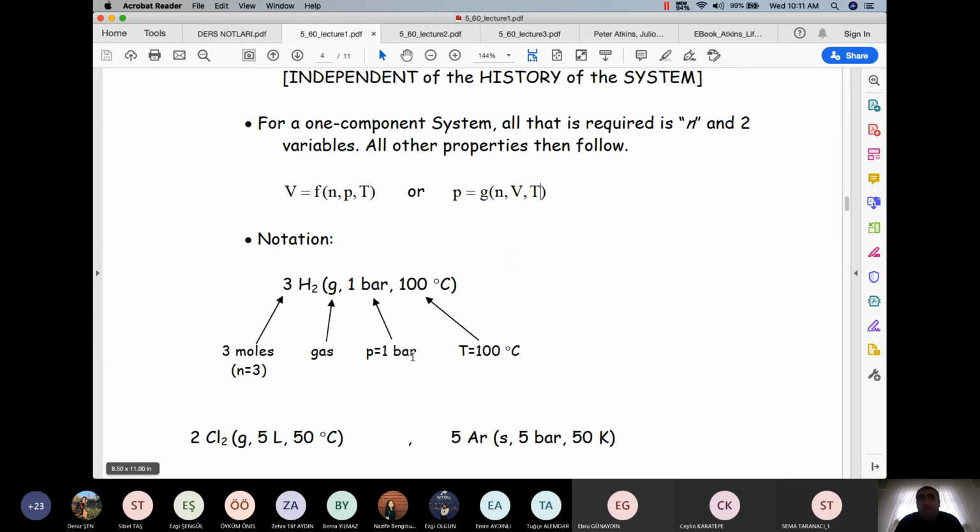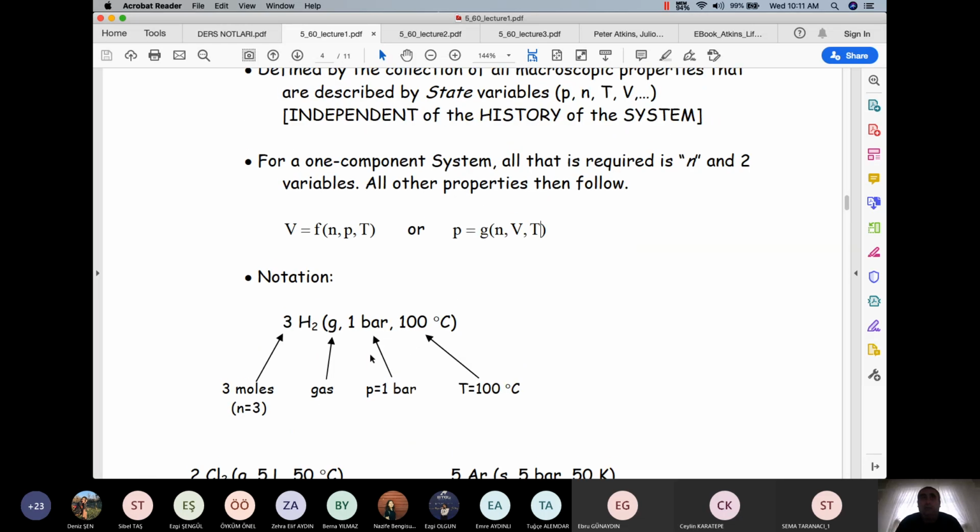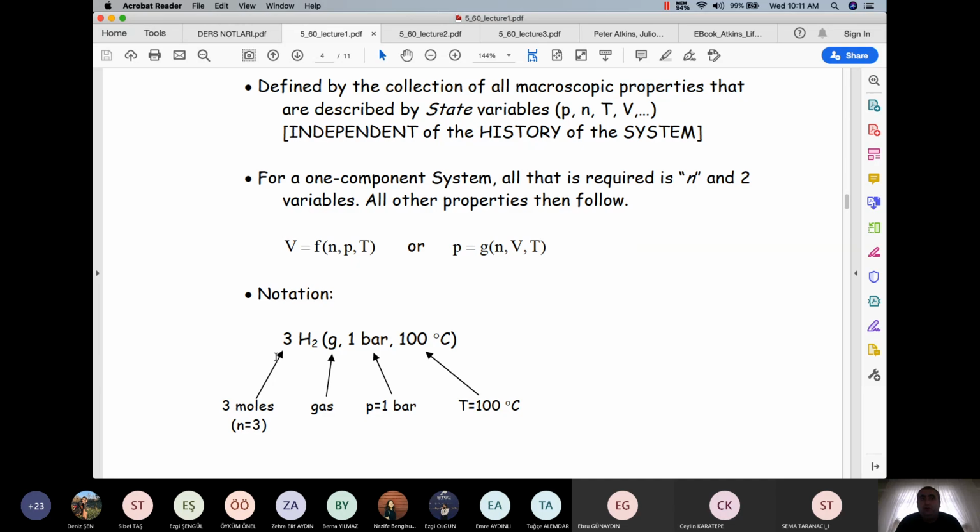So when we show the state of the system, we use this notation. Over here this is the mole number and this is the phase of the system, the gas, and there are 2 different variables that we need to define. This is the one, this is the other one. So this describes the system fully, and this is the notation that we use.